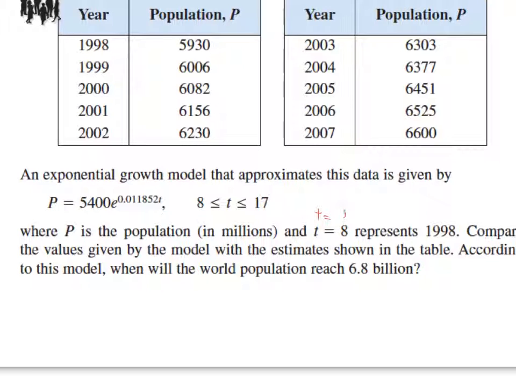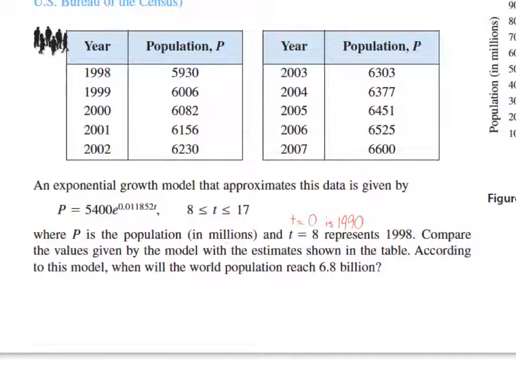So t equals 0 is 1990, okay? Now it says, according to this model, when will the world population reach 6.8 billion? All right, so what are we plugging into our equation? 6,800. Yes, 6,800, because 6.8 billion is 6,800 millions.